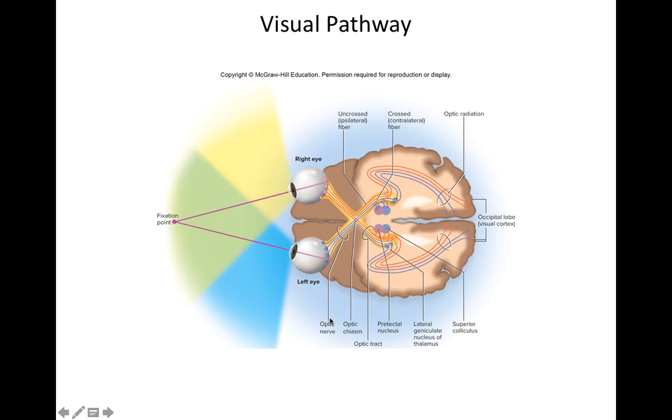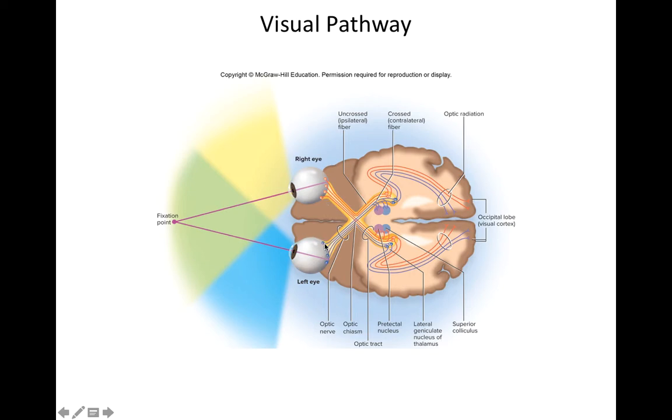If we look at how the fibers travel, each eye has a medial and a lateral half of the visual field. The medial halves, okay, they actually cross to the opposite side. So left is purple, right is red.